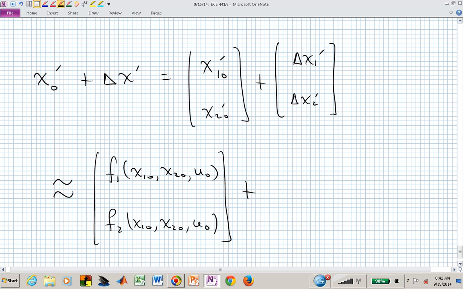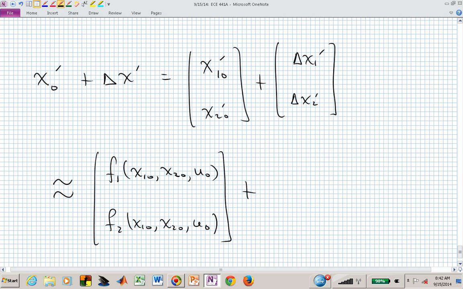And we can put that into a matrix notation. The partial of f1 with respect to x1 and evaluate at the nominal location. That will be scaled by, what will it be scaled by? A delta x1, right?